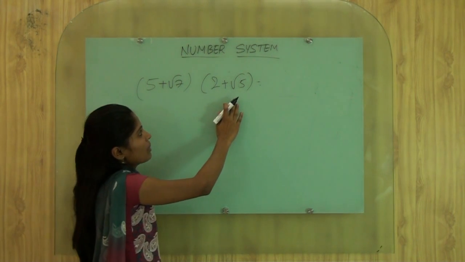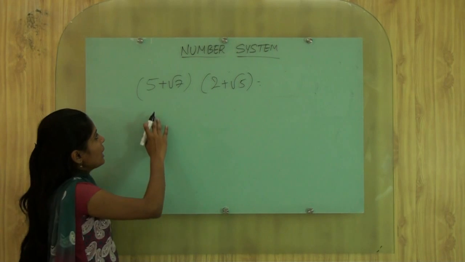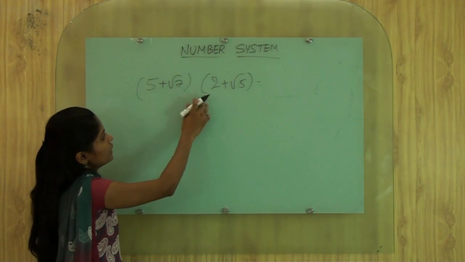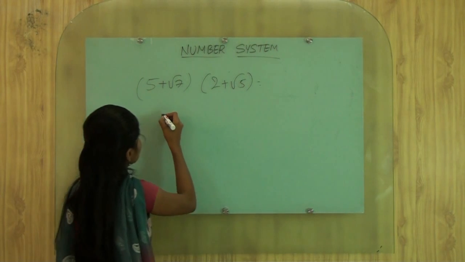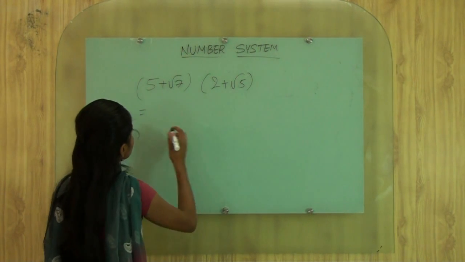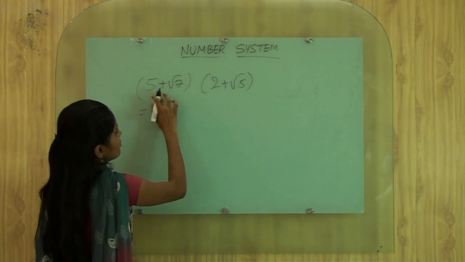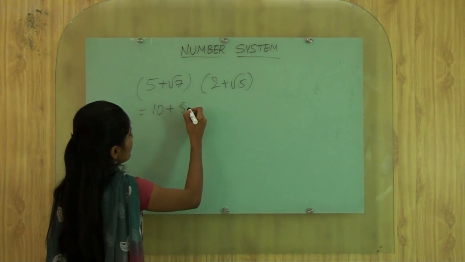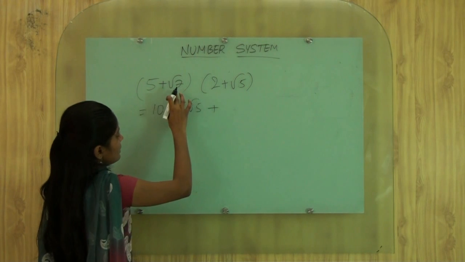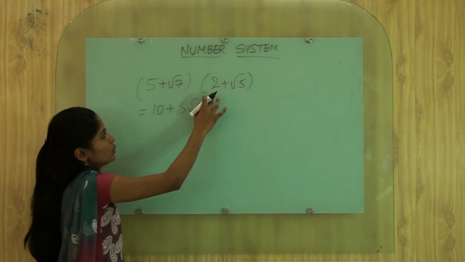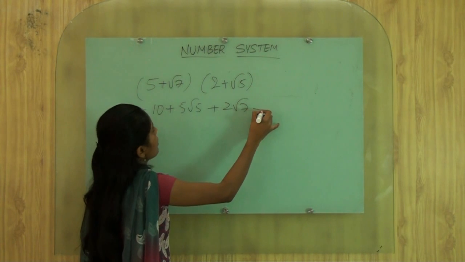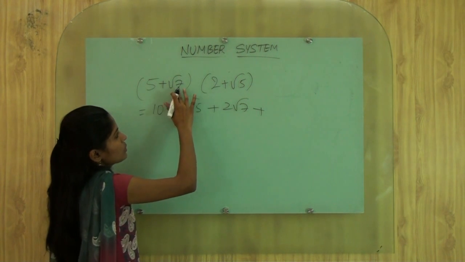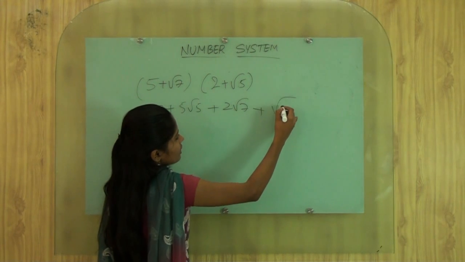You have to multiply the value. 5 into 2 is 10. Let's write it here. 10 plus 5 into root 5 is 5 root 5 plus, take root 7. Root 7 into 2 is 2 root 7 plus that is root 7 into root 5 is root of 7 into 5 is 35.